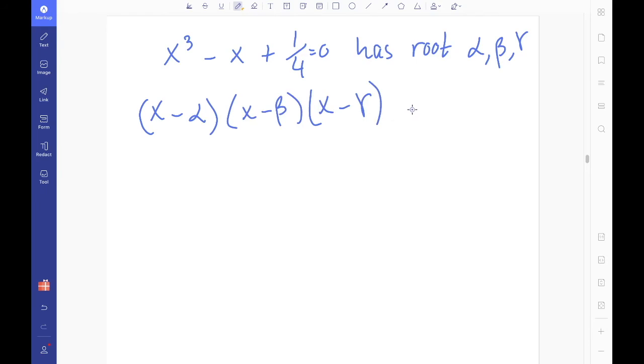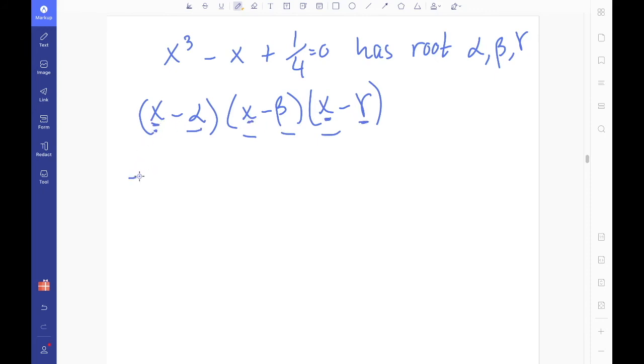If I was to expand this, the first thing I get is x cubed, but then to get an x squared term, it would be minus alpha times x, and the same for beta, minus beta times this x, and then lastly minus gamma times this x times this x.